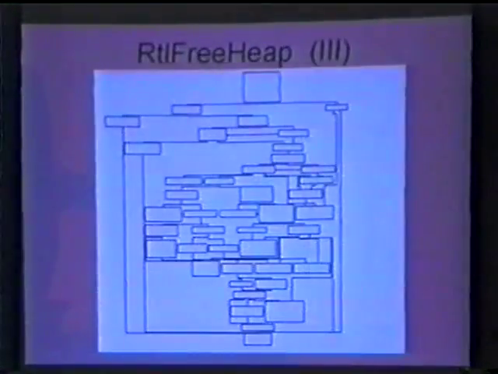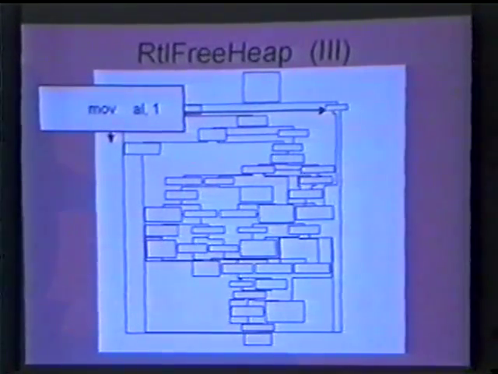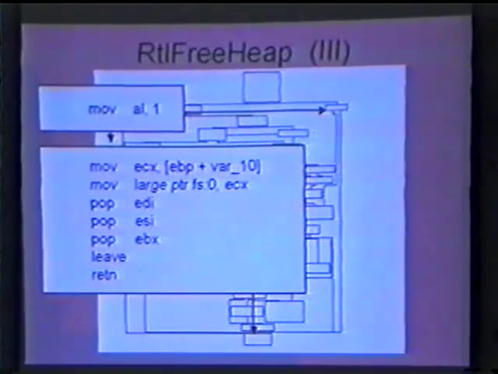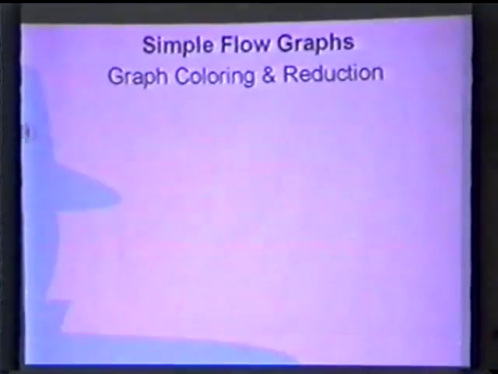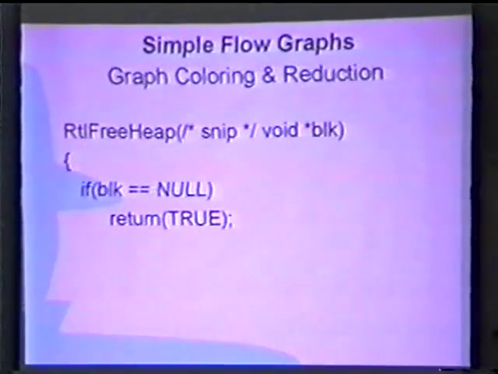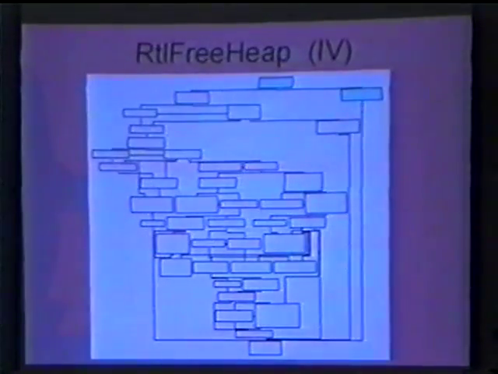So if it is 0, it'll branch to the outermost layer node on the very right side and move AL 1, which means return success more or less, because it'll move 1 into EAX and then return. So we've understood our first bit of code and write it down, and then we remove those 2 nodes which we just covered.